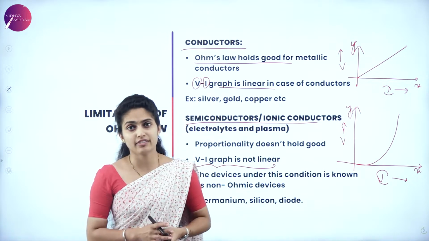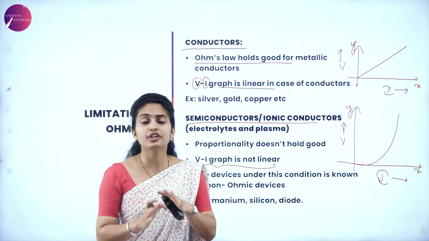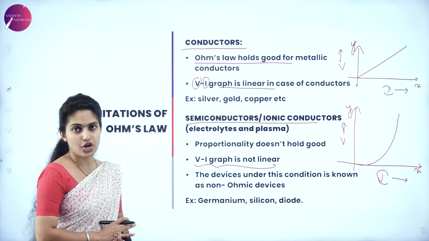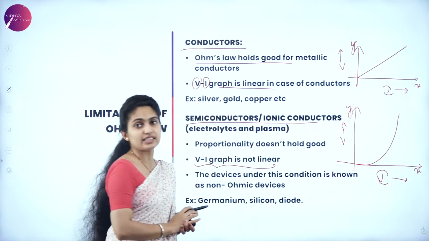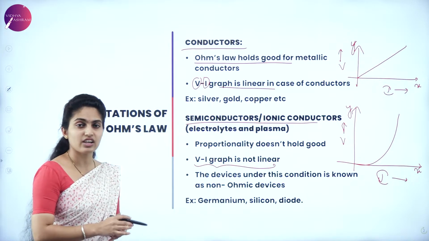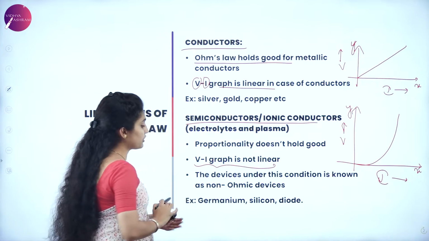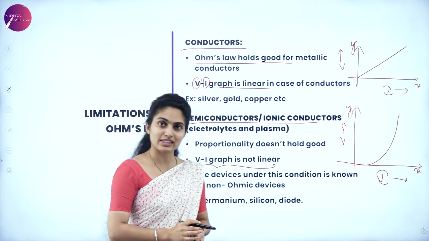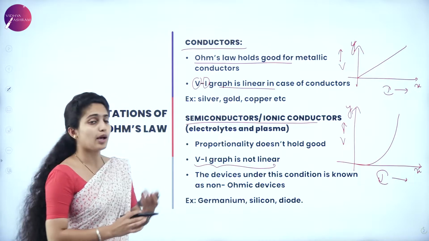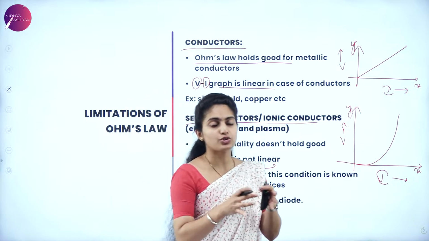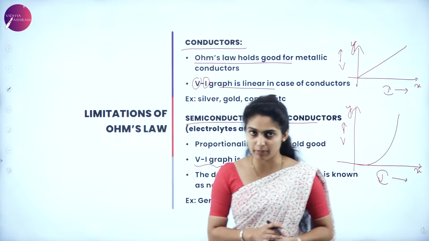In non-ohmic devices, Ohm's law doesn't hold good and it doesn't show any linear variation. It shows just an increase in the curve, but no linear variation. Examples are germanium and silicon, all these are examples of semiconductors. So this is one of the limitations when you are concerned about the semiconductor.